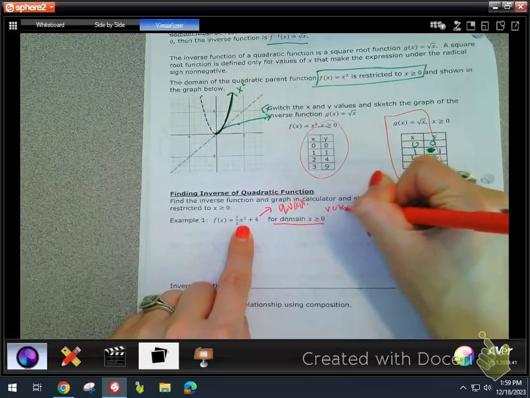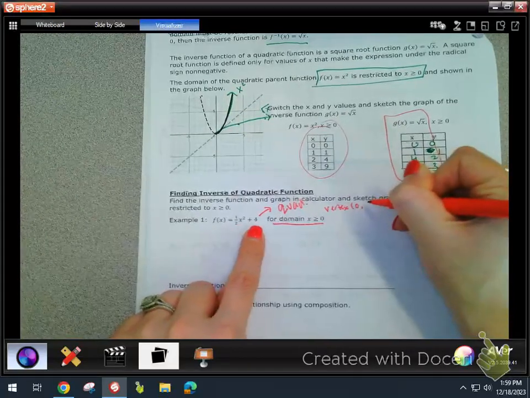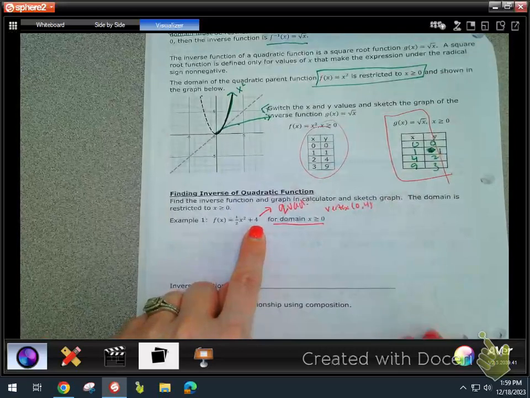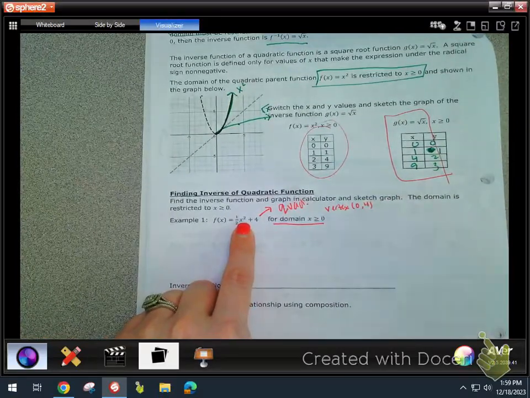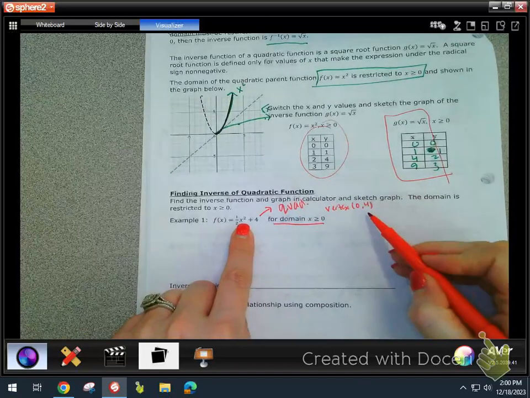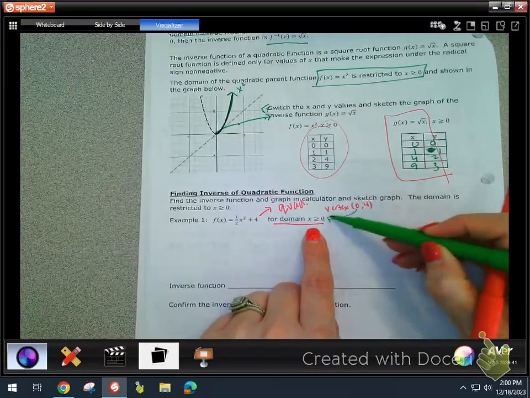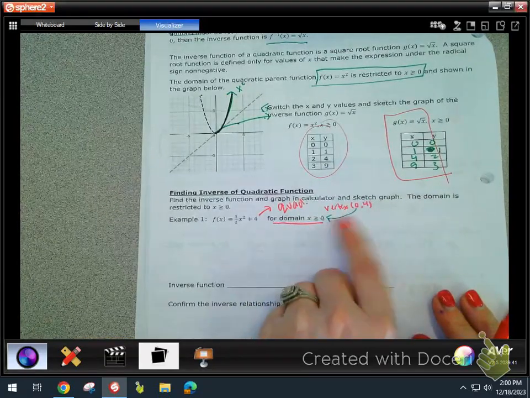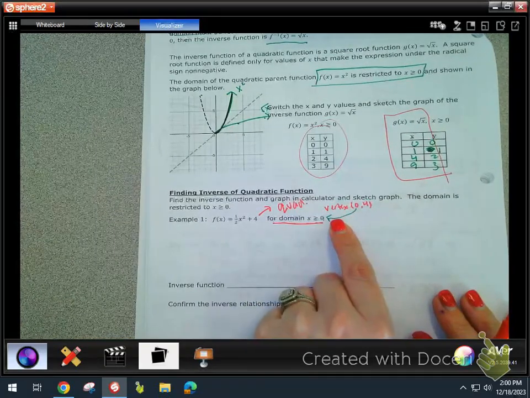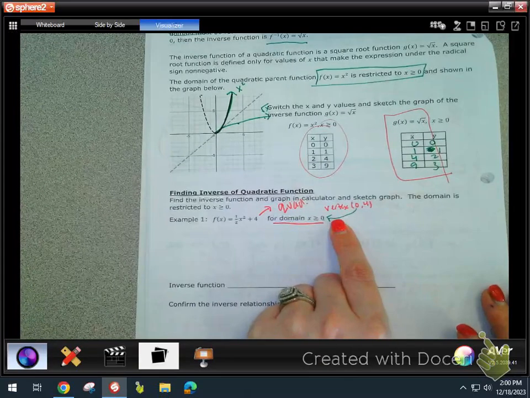The vertex would be 0 what? 4. Very good. How'd you know? Plus 4, it's going up. There's no left-right change, so that is my vertex point here. And where did this 0 come from, do you think, right here in the domain restriction? The axis of symmetry, the x value of the vertex.